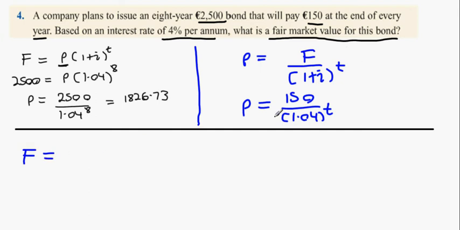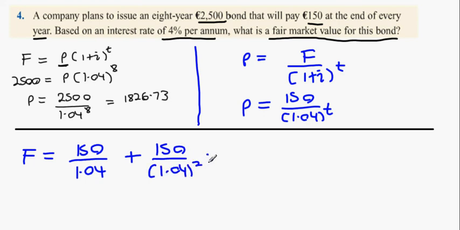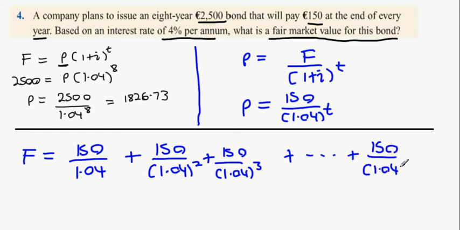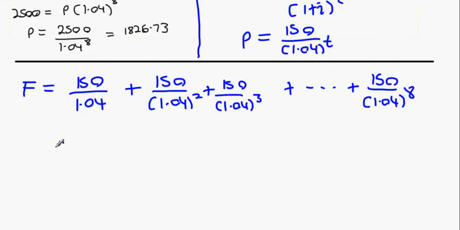We're going to do this sequence for eight years. So it's going to be 150 over 1.04, plus 150 over 1.04 to the power 2, plus 150 over 1.04 to the power 3, plus, all the way to 150 over 1.04 to the power of 8. Now guys, this is a geometric sequence.